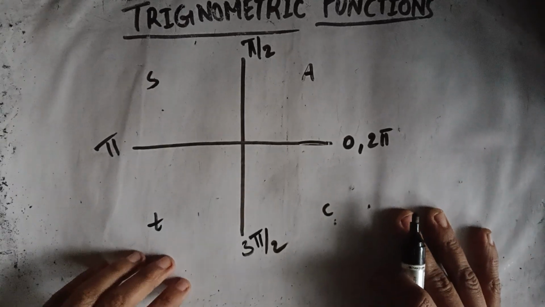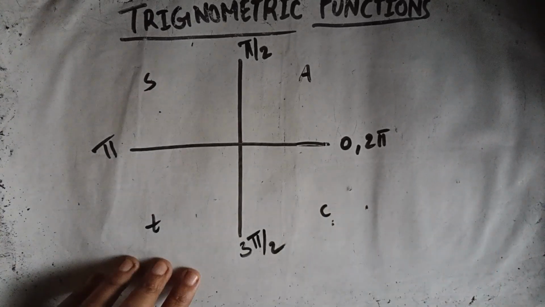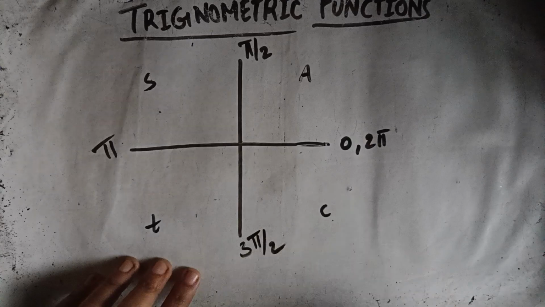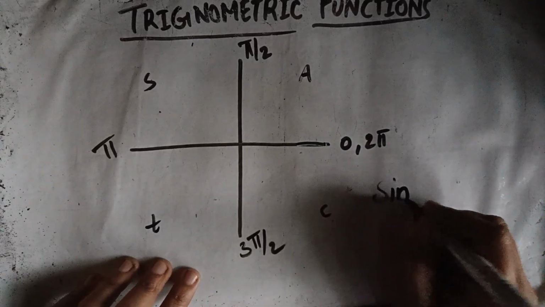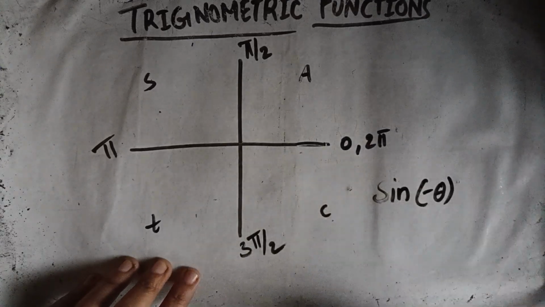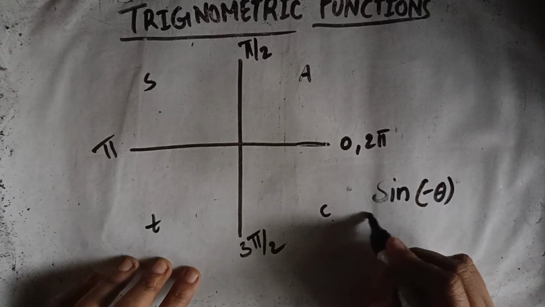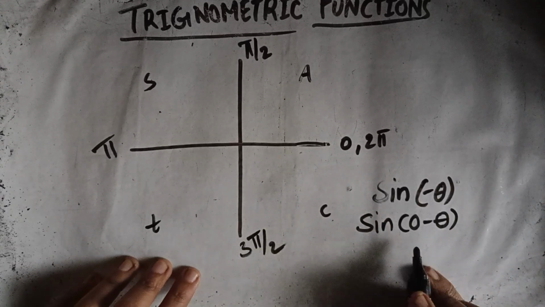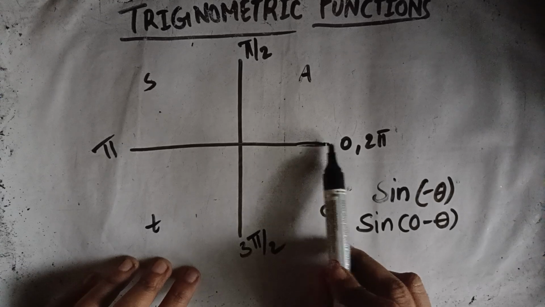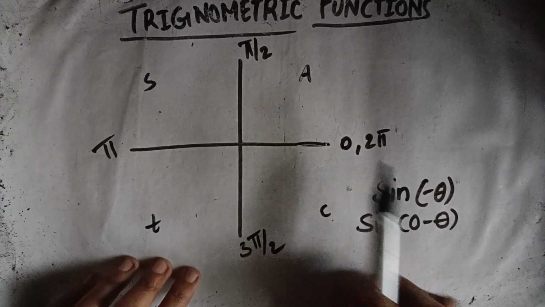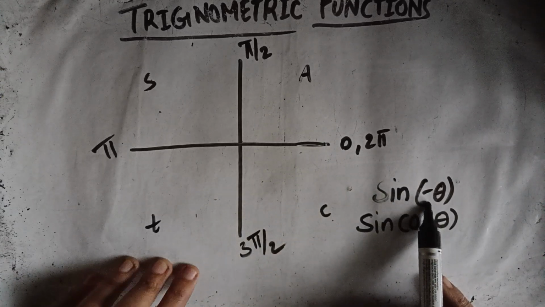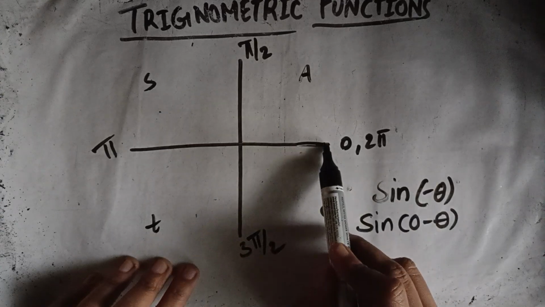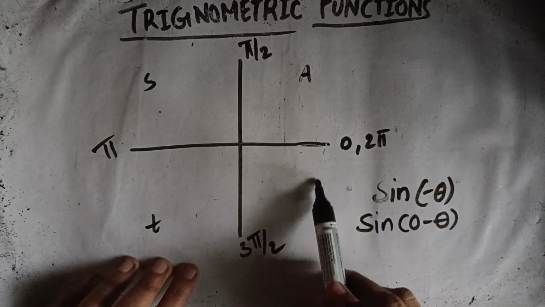Okay. So if you have a number, say sine of minus theta. Now this we can write as sine of 0 minus theta. Right. So you are removing something from 0. So this is a negative angle. Correct? Negative angle, so you have to count from here.